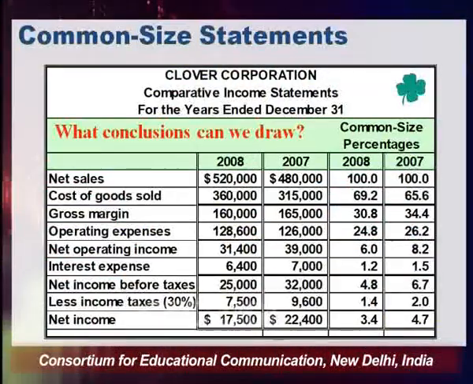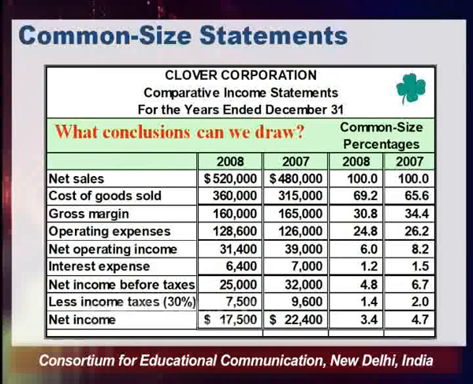If you look at this particular slide, we have repeated the same step: selecting the cost of goods sold and dividing it by total sales. Gross margin, take the value and divide it by the total sales. Next item, take the operating expenses and divide them by the total sales, and so on.